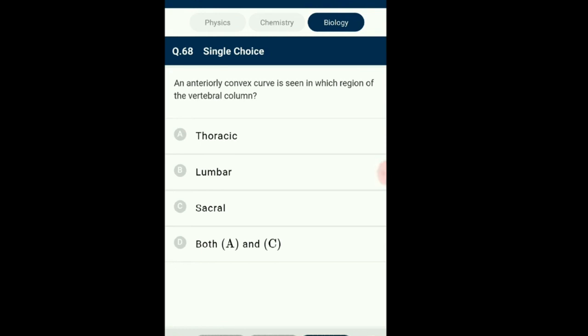The vertebral column is differentiated into cervical, that is 7 vertebrae, thoracic vertebrae, that is 12, lumbar vertebrae, that is 5 in number, sacral vertebrae, that is 5 fused to form one bone, and coccygeal vertebrae, 4 fused to form one bone. In the thoracic and sacral regions, the vertebral column forms a curvature which is convex posteriorly, concave anteriorly, while in the cervical and lumbar regions it forms a curvature which is concave posteriorly, convex anteriorly. So the answer for this question is option B, lumbar.